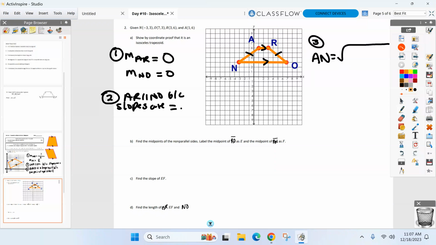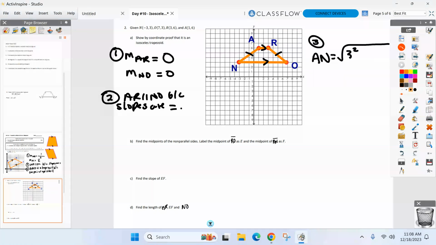Again, somebody said, hey, can I use Pythagorean theorem? Sure. It's the distance formula. Do I have to write it? Oh, I'm not writing it out, right? Change in your x's squared plus the change in your y's squared. Or if you use my little cheat code, though I hate calling it that because it is math, 3 is the difference in your y's and 4 is the difference in your x's.